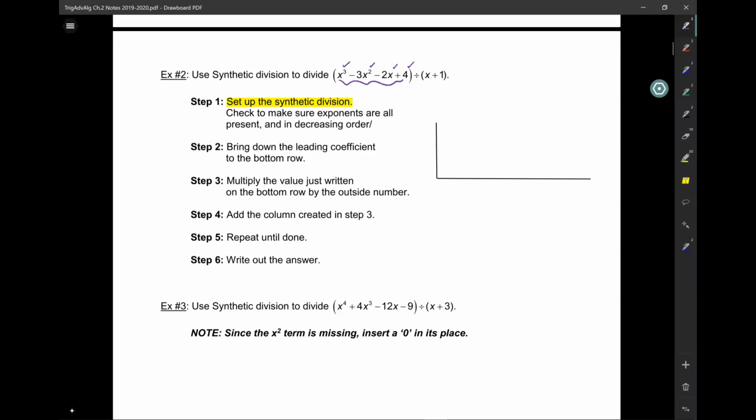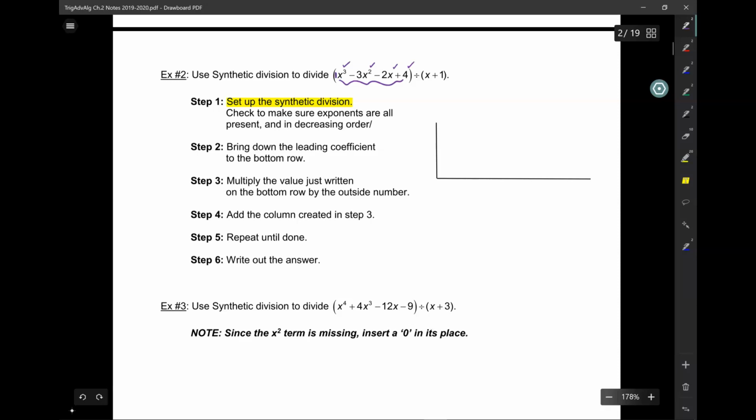Now, what I need to do to set up my synthetic division is, in the space inside this box, put all of the coefficients of that polynomial. All right, so what are the coefficients here? Here it's x cubed.